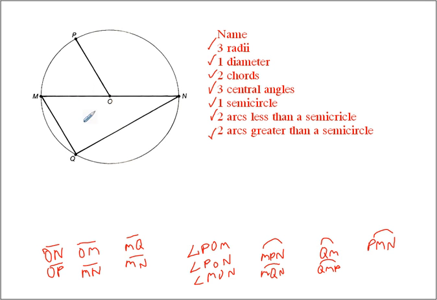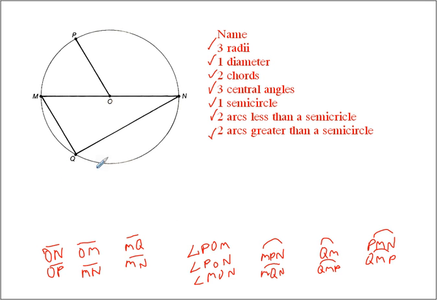And now let's do one more. If I were to do QN or QMN, QMN, again, that indicates that it's larger than a semicircle, by making it clear you're going around this way. If I just put down QN, then I'd be going that way, but I'm not.